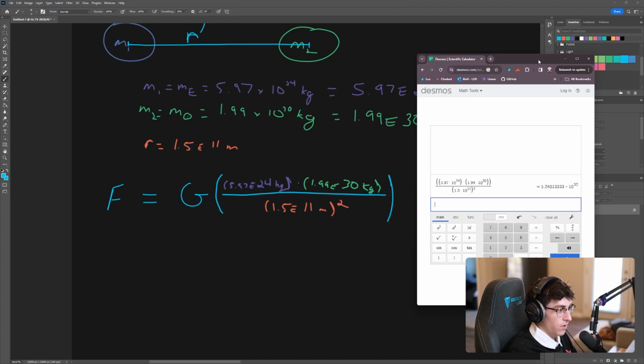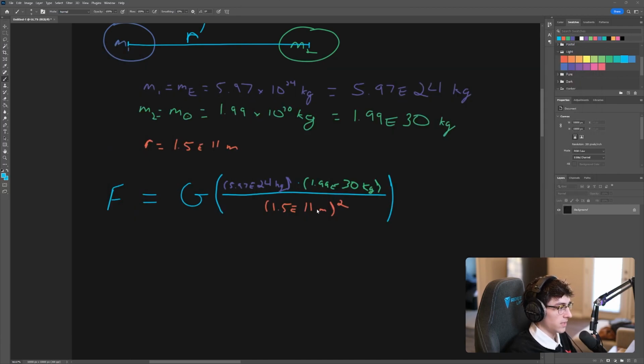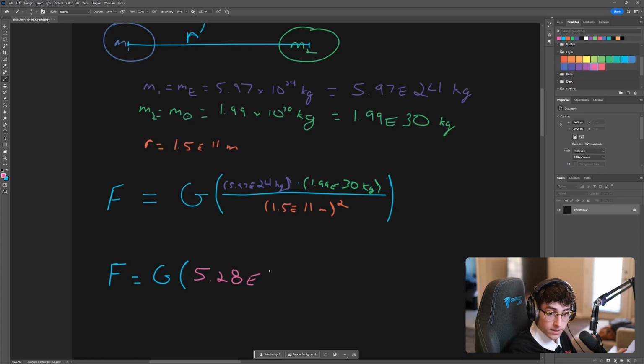So now I'm going to drag this over to the side. Now our equation becomes the force of gravity is equal to the gravitational constant times, and we're going to use pink for this new number, 5.28 times 10 to the 32nd.